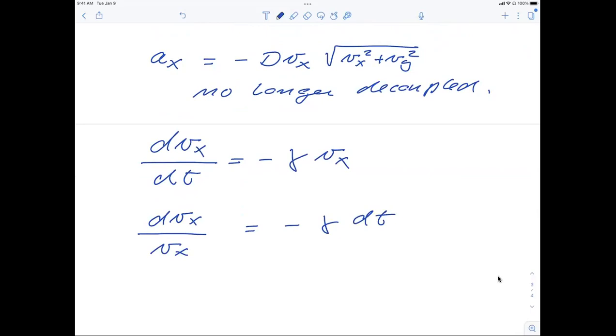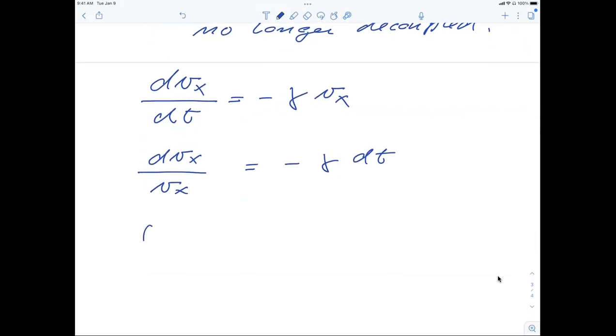Then the next thing we do is to integrate from v0 of x, which we defined, to a final v of x. So we put dv_x prime divided by v_x prime, and that's equal to minus gamma times the integral of dt prime, where we put time t0 to 0. That's a little bit handier.